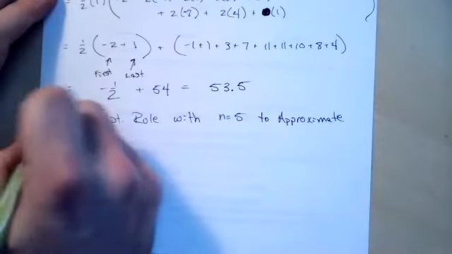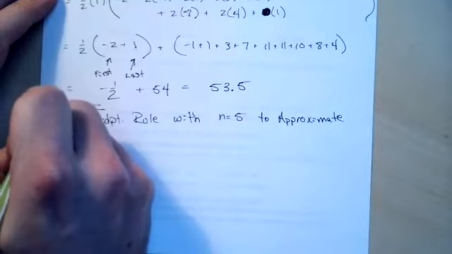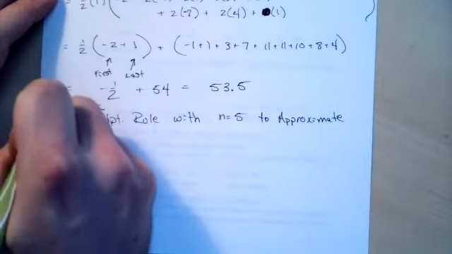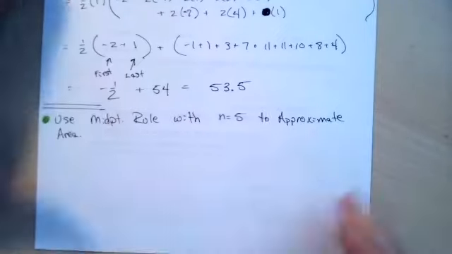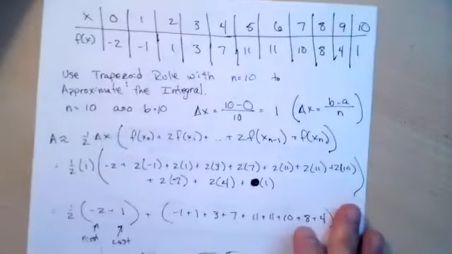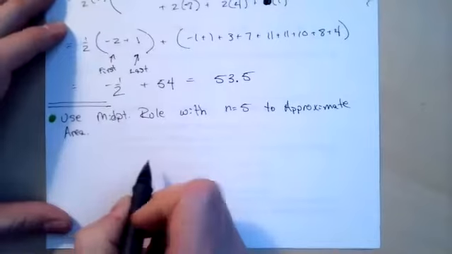So let me color code the notes a little bit. We'll use green for these midpoint rules. So let's go back up here. Let's do our computations real quick.